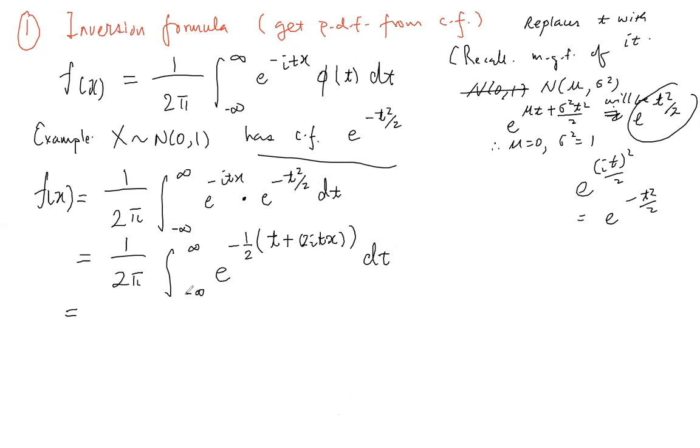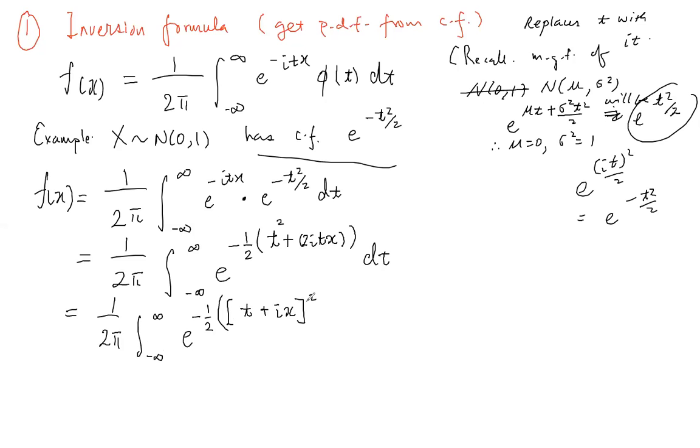And then you factorize, e to the minus 1 over 2, you factorize as (t plus ix) squared, right? Okay, so when you expand this, you get t squared plus 2tix, which is this one.